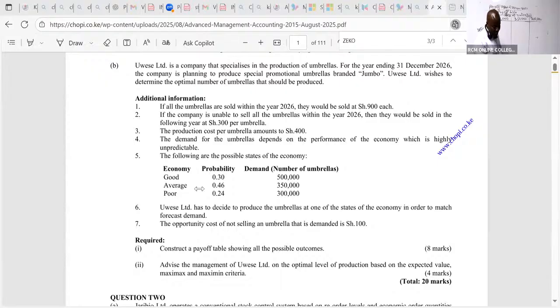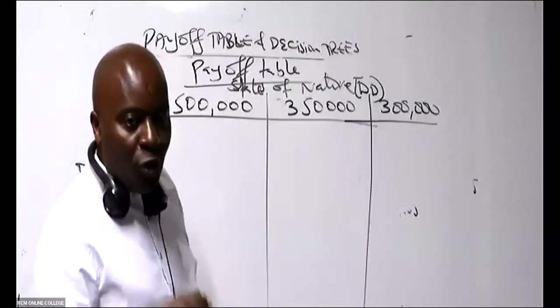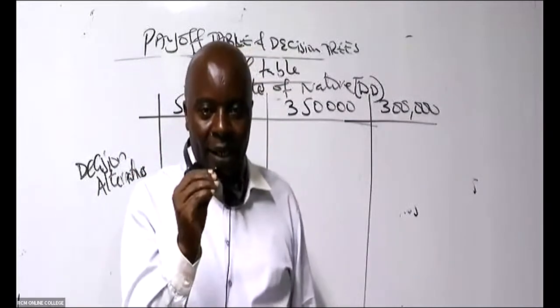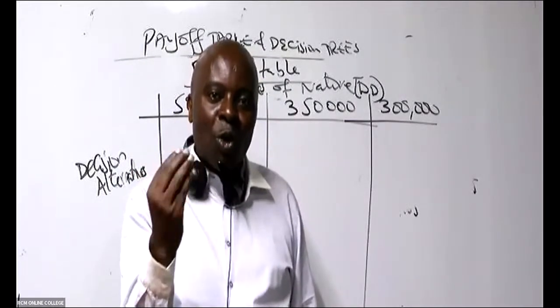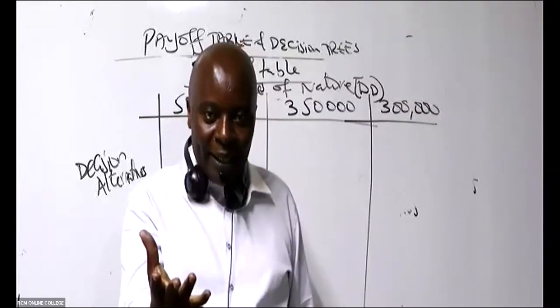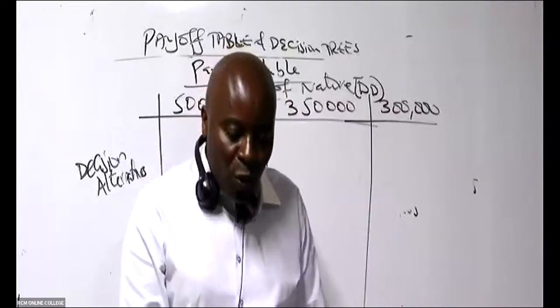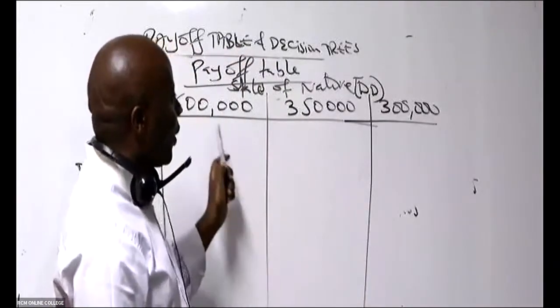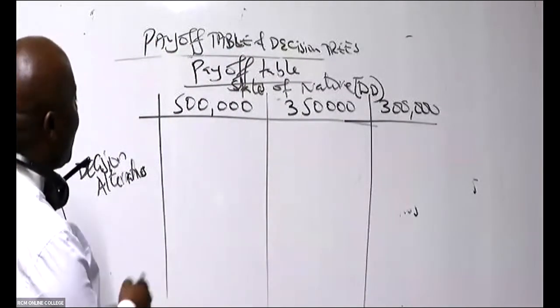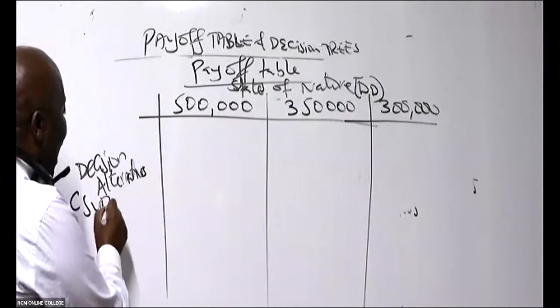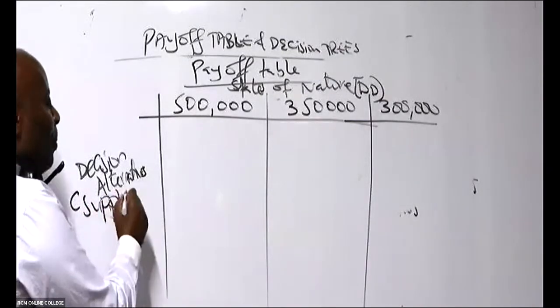Now, remember the rules of demand and supply. If demand is 300, we always want to meet the demand by supplying those 300. So whenever you see a question where the states of nature are demand, always ensure that here you have your supply, and you must match.